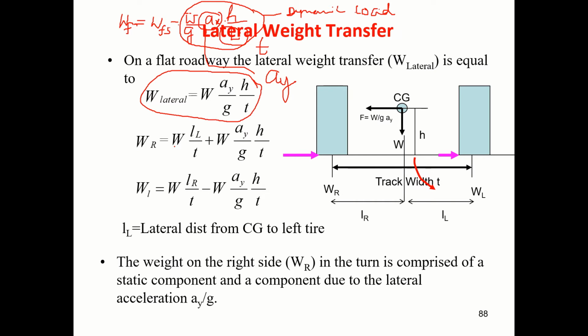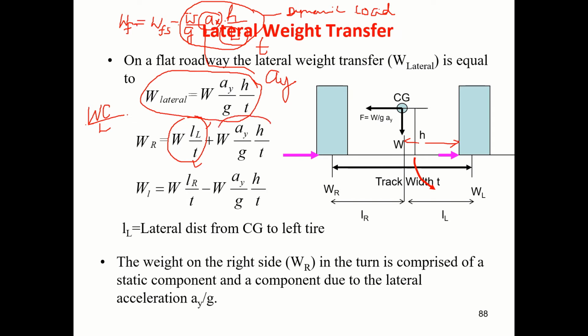Load on the right wheel: again we have done the static load. When we did it, it was W c by L, that is equal to W Fs and W B by L. So instead of c, I am talking about this length, that is L L, divided by T. This is the static load on the right wheel.